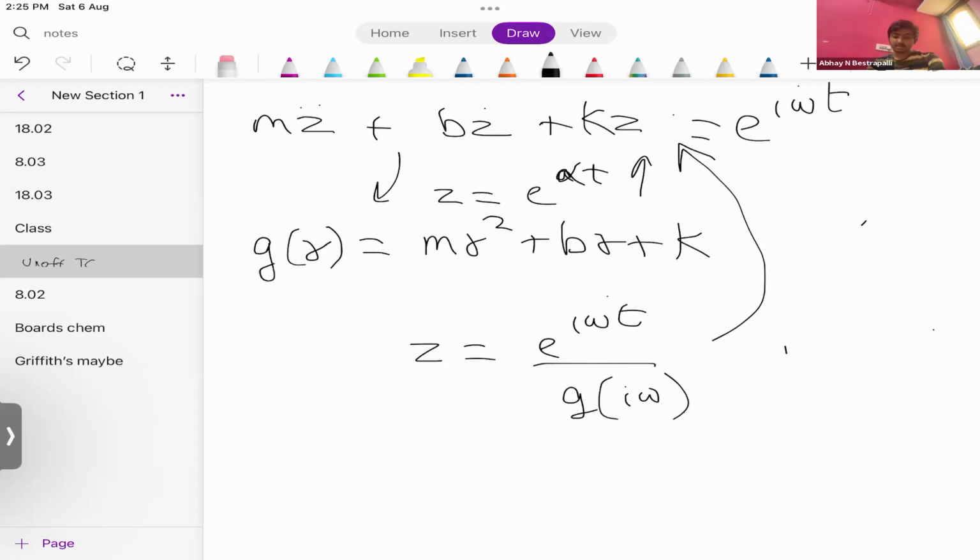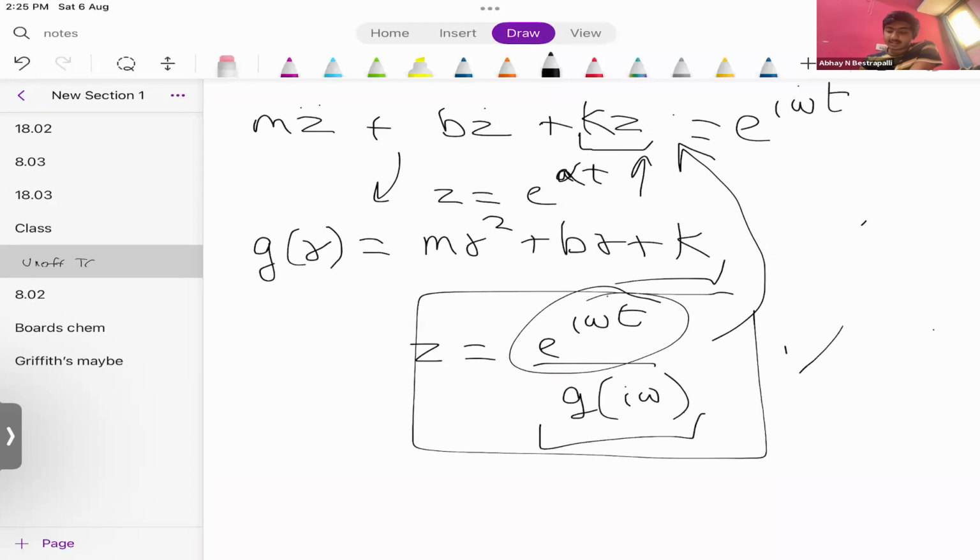It comes out very easily because the bottom part is just a constant with no t dependence. Something comes out and cancels with this. The point is that this is a solution to this equation.